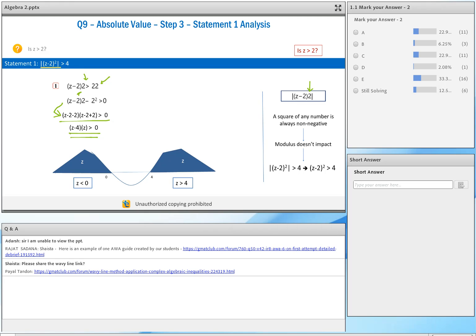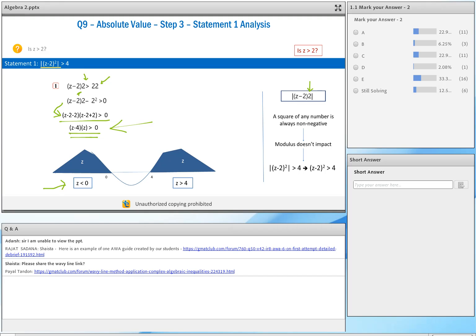I'm basically applying the wavy line method over here, or you can apply the other basic method which we talked about, and what I get is that z is less than 0 or z is greater than 4. For those of you who can't come to this solution directly, it's okay. Go back and apply that same process which we applied up front when we solved the quadratic inequality, or learn the wavy line method to arrive at this.